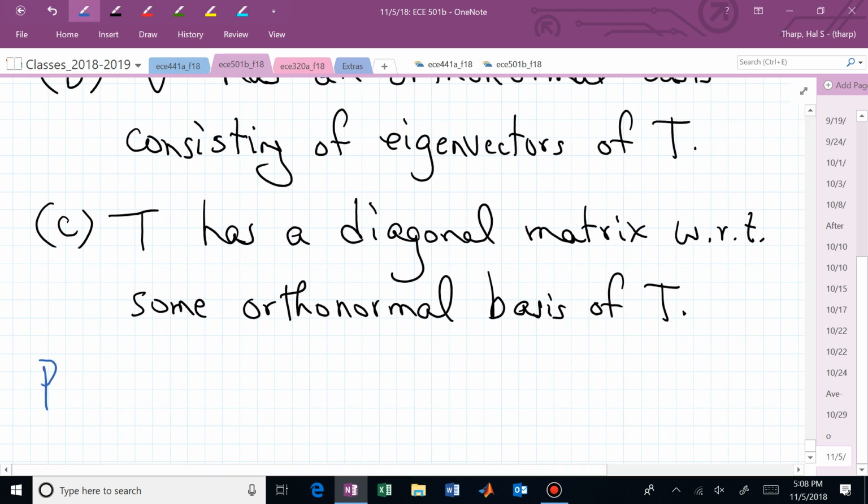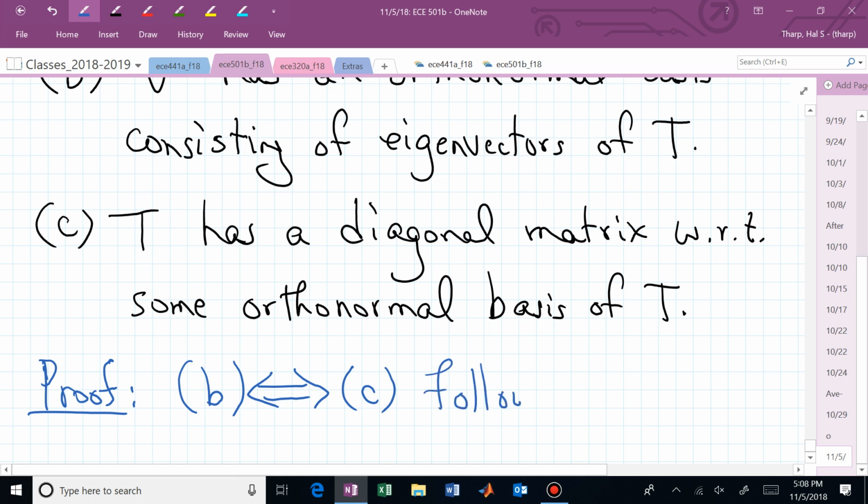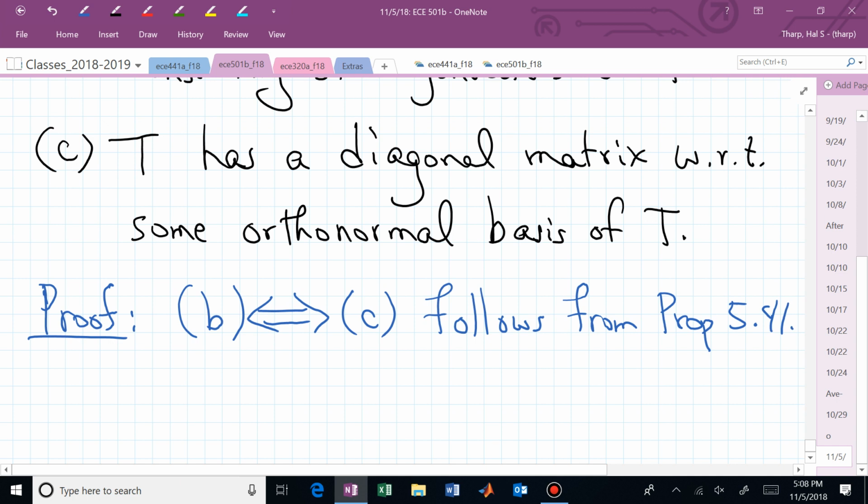So now the proof, we've simplified a little bit because we can actually say that B and C are equivalent if we go back to, follows from proposition or theorem 5.41 in chapter 5. Which is dealing with what? Linearly independent eigenvectors. Then we can diagonalize this. Now we just have a basis. We have it a little bit more specified.